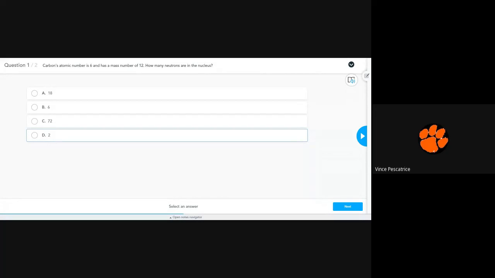Therefore, that remainder is the neutrons in that atom. So answer the first one, and don't answer the second one yet.